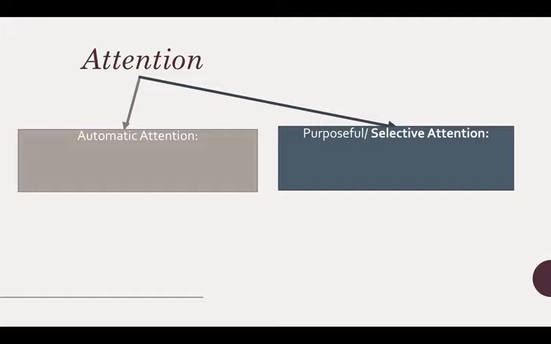It's externally triggered. But sometimes you can choose to pay attention to something, and that's called purposeful or selective attention. For example, when you're reading, you're paying attention to something external, but it's an internal decision to pay attention. I am choosing to pay attention to the book in front of me. Or right now, as you're listening to the lecture content, you are choosing to pay attention to this stimulus.